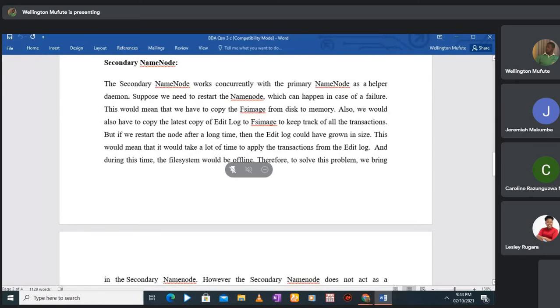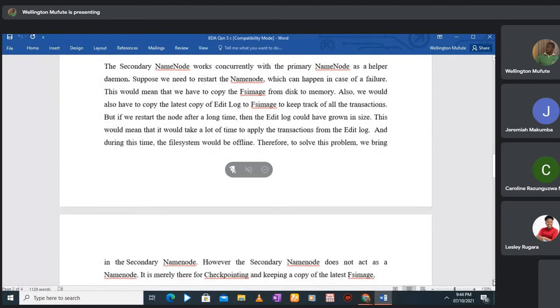So to solve the problem, we bring in the secondary name node. However, the secondary name node does not act as a name node. It's merely for checkpointing and keeping a copy of the latest FS image.